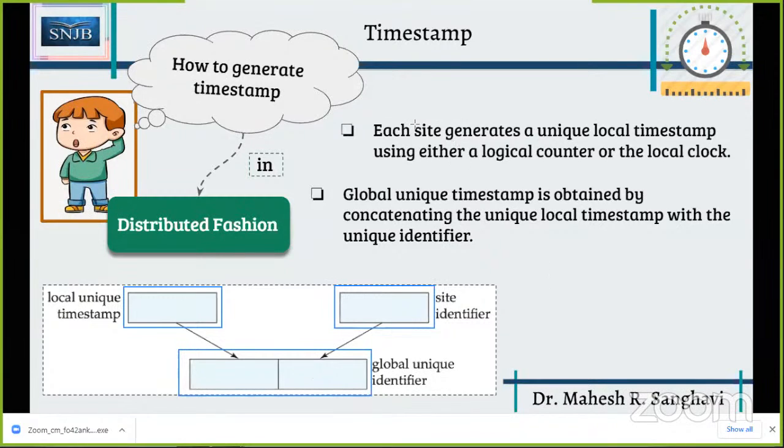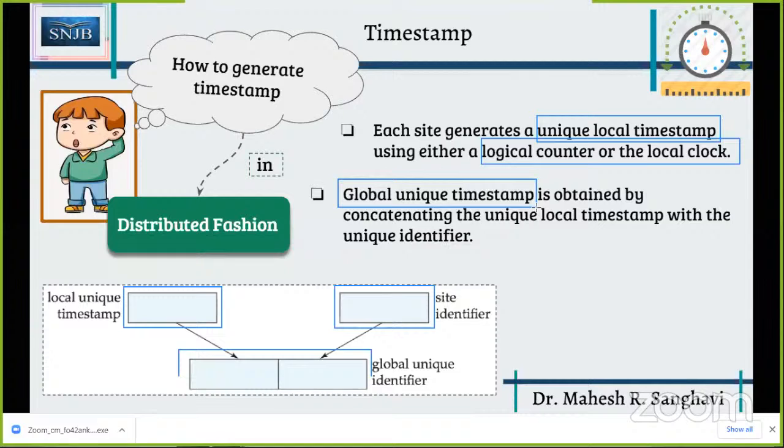So each site generates a unique local timestamp. Okay, that may be counter or it may be based on clock. Another part using either logical counter or logical clock. This I have already told you. So clock is also shown and counter is also shown to you. So how will the global unique timestamp be computed?